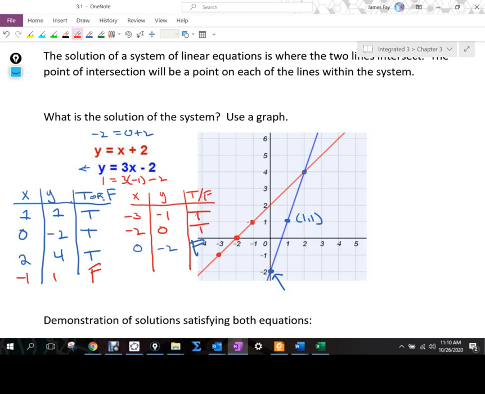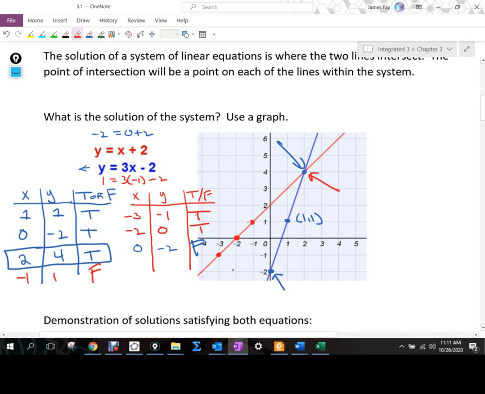Anything plucked off the blue line and plugged into the red will give me a false, and anything on the red one plugged into the blue equation will also give me a false, except that point right there. We've already seen 2, 4 right there giving me true on the blue line.